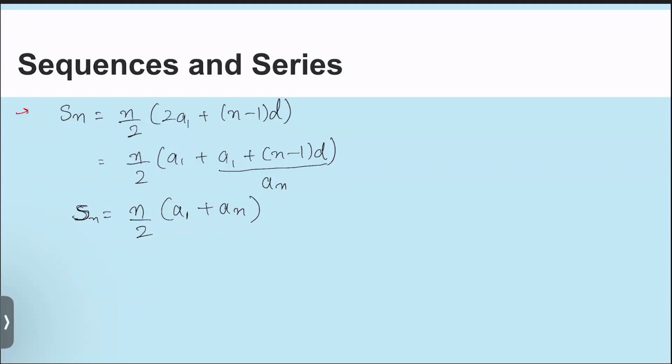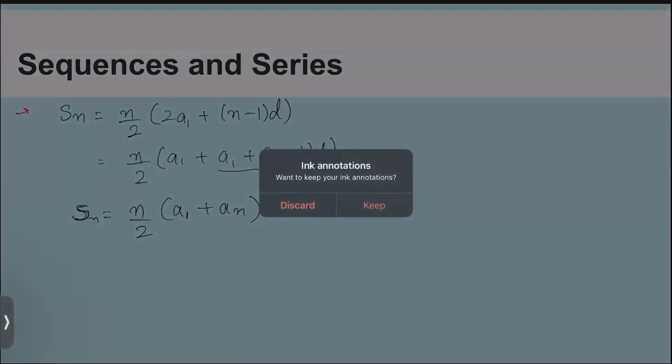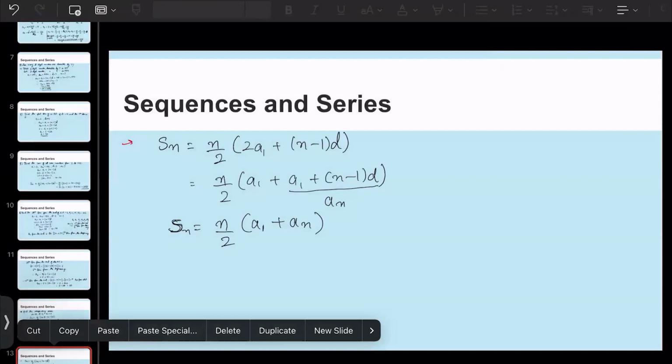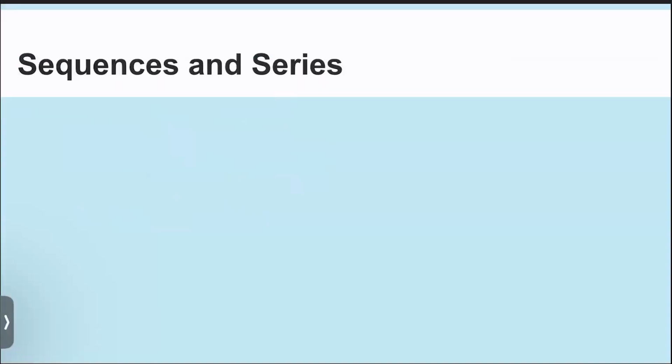Okay, so let's take an example and see how this is actually true. We have done this question before, so we just want to see if we have the first term and the last term, can we directly solve for Sn without substituting the entire a1 and n in the formula.